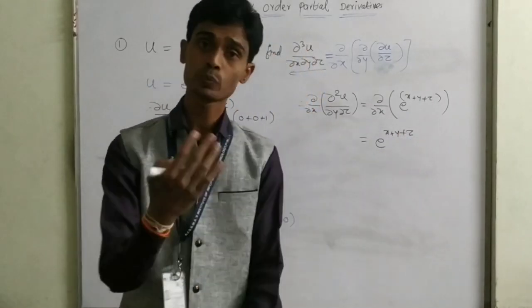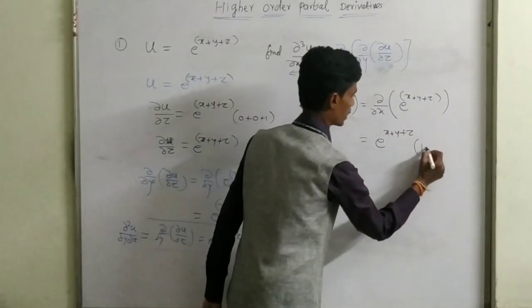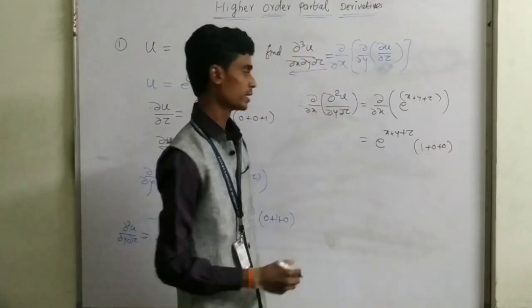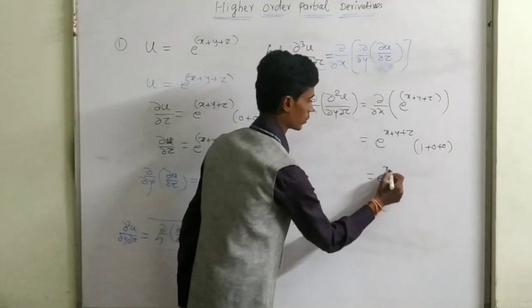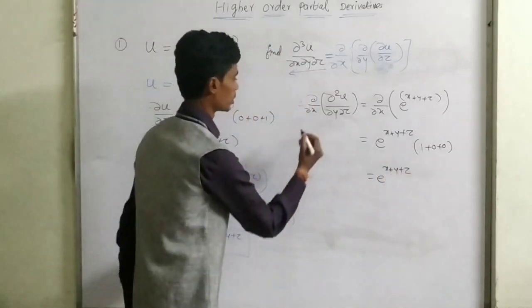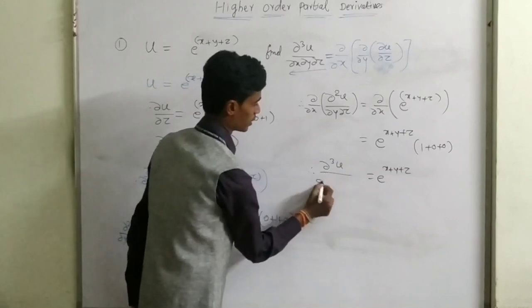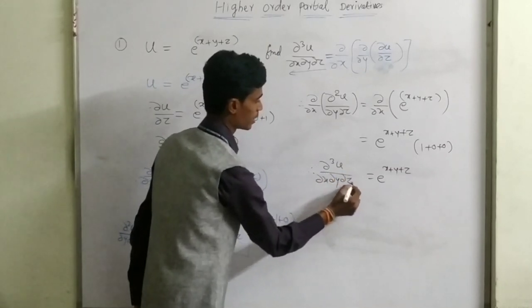Derivative of x is 1, y is 0, z is 0 because they are constant, so final answer is e raised to x plus y plus z, so therefore this simplification is ∂³u/∂x∂y∂z.